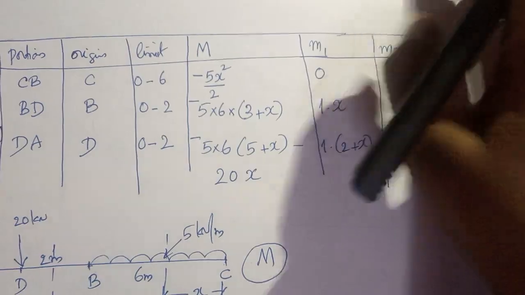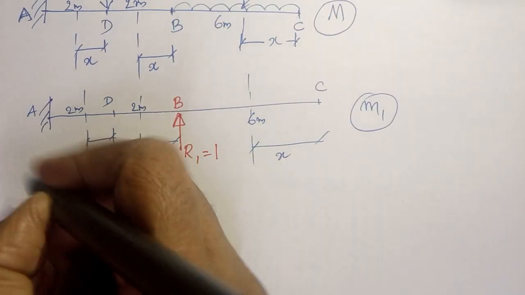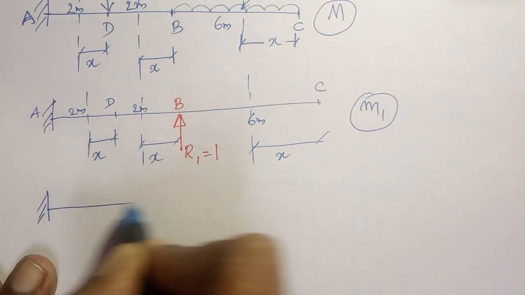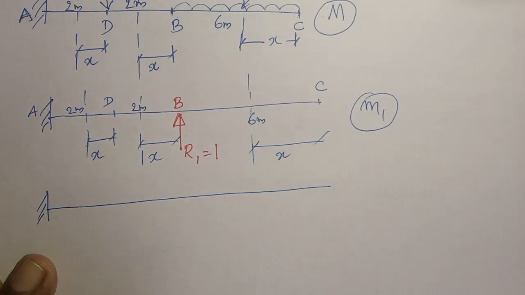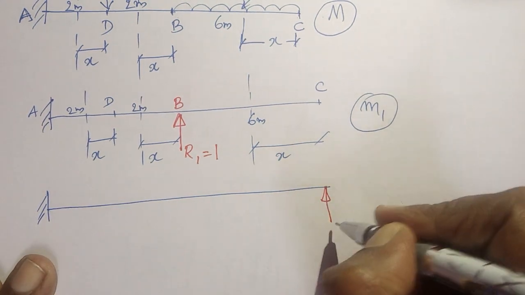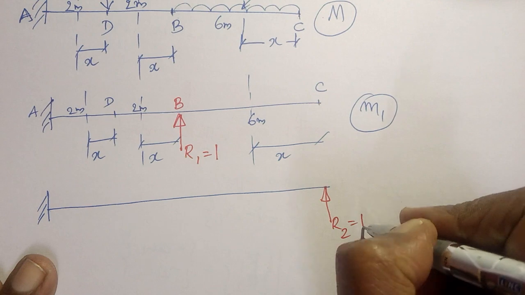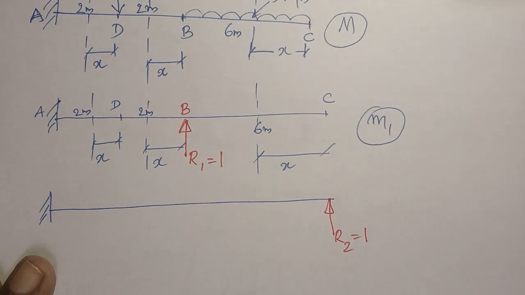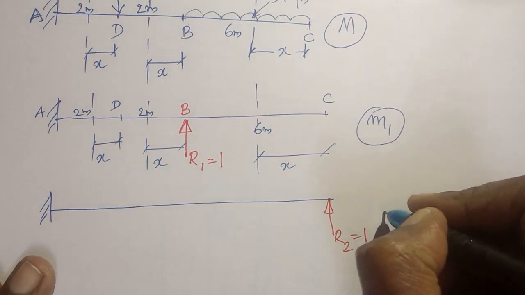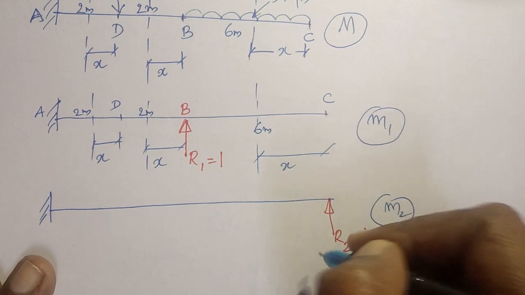Okay, next I have to formulate the expression for M2. What is M2? M2 is the same beam. We apply unit value of the second redundant. Apply R2 equals 1. So this corresponds to the bending moment expressions corresponding to this.